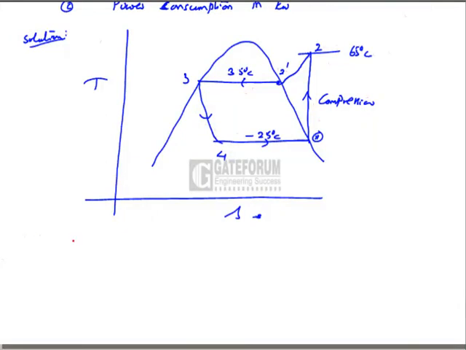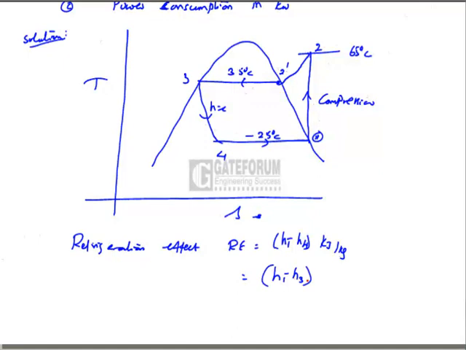Now let us calculate the refrigeration effect. RE is equal to H1 minus H4 kilojoule per kg. Since H4 is H3, it is H1 minus H3 kilojoule per kg.